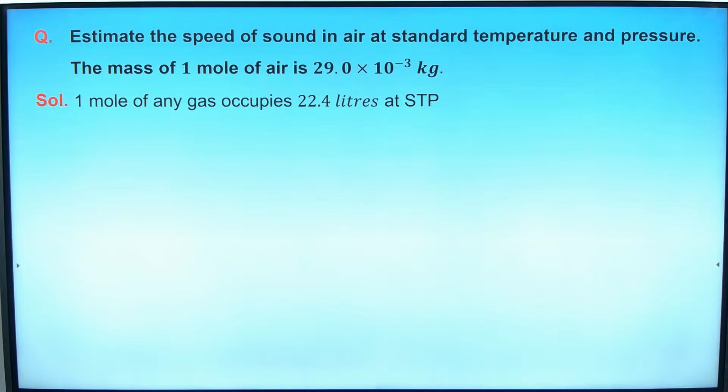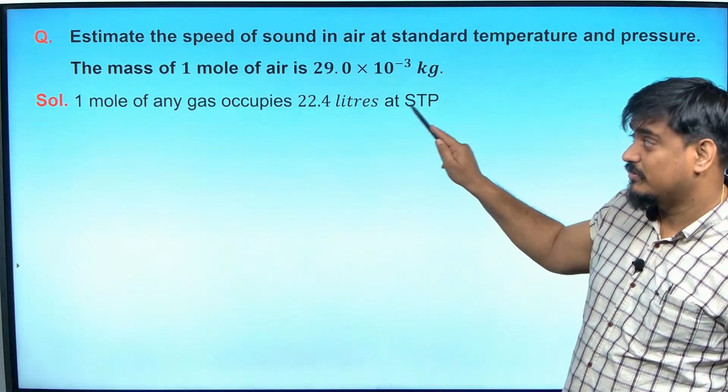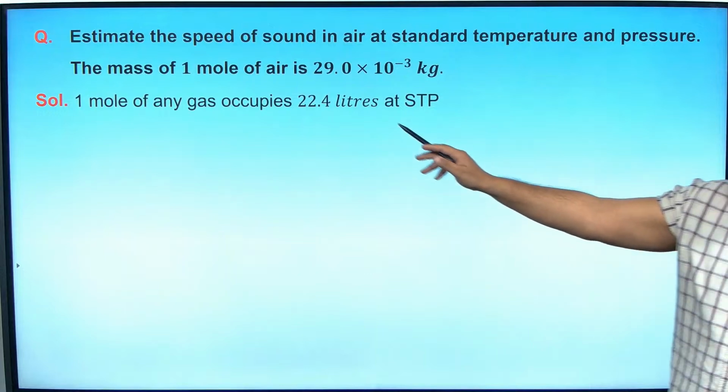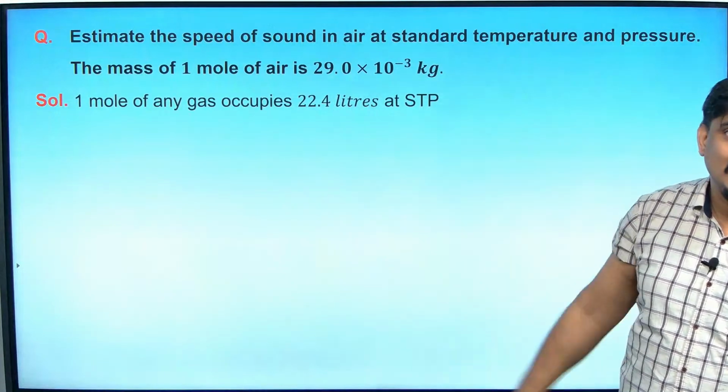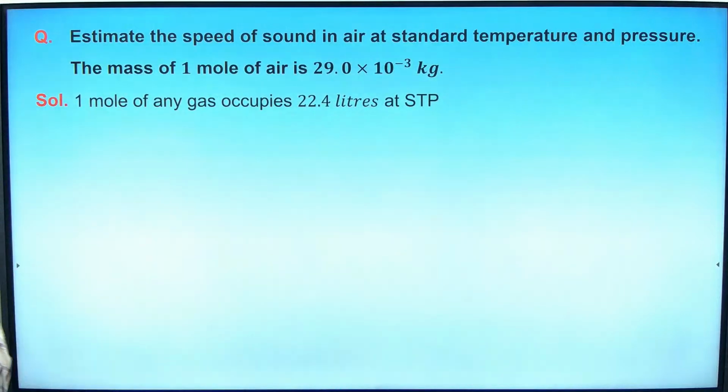If you understand that velocity is equal to root over pressure by density, pressure value is atmospheric pressure, density is mass by volume, mass is given to you, volume I told you now, and remember this forever, at least till you are in school life, that 1 mole of any gas occupies 22.4 liter at standard temperature and pressure, STP.